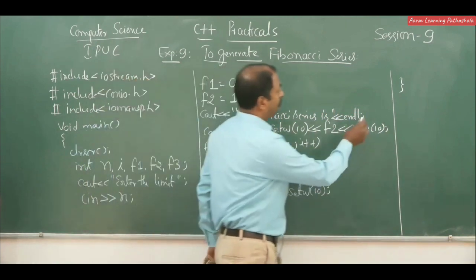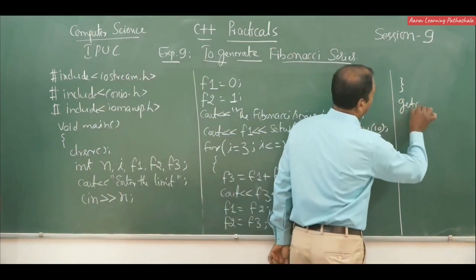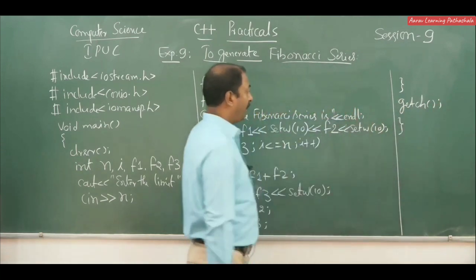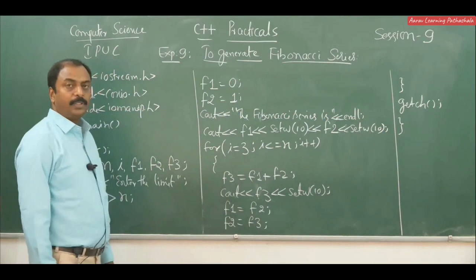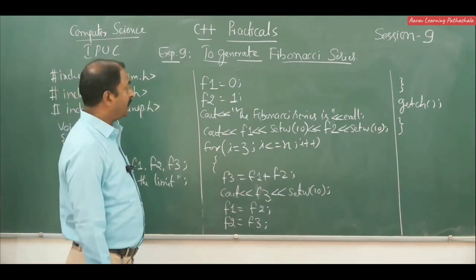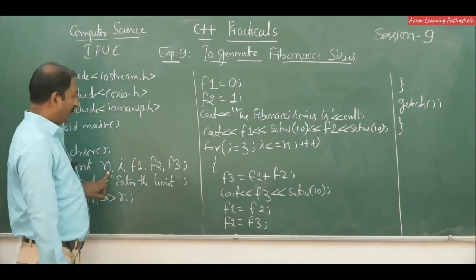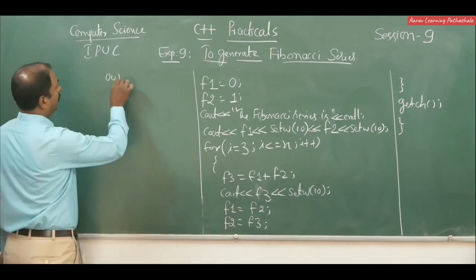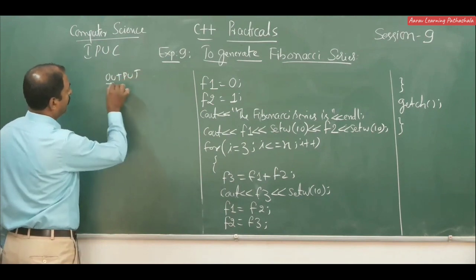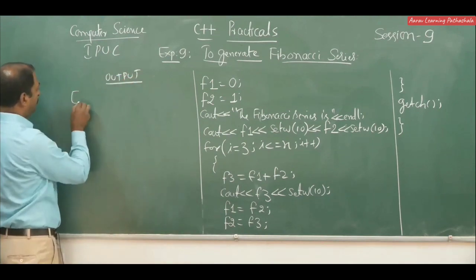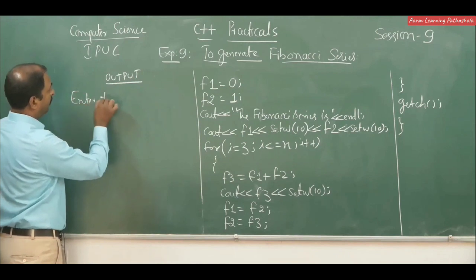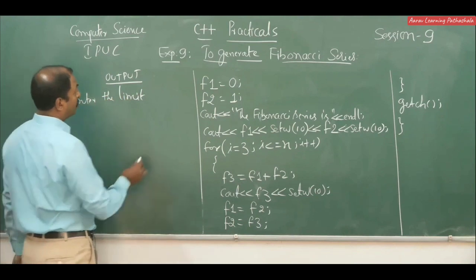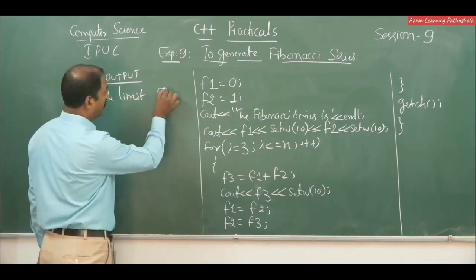Then we close the program with the getch function semicolon. I am closing void main. So this is a program to generate Fibonacci series up to the given limit n. Now let us see what would be the output of the program. First we will get a message, enter the limit. Then we are supposed to enter a number, for example 5.